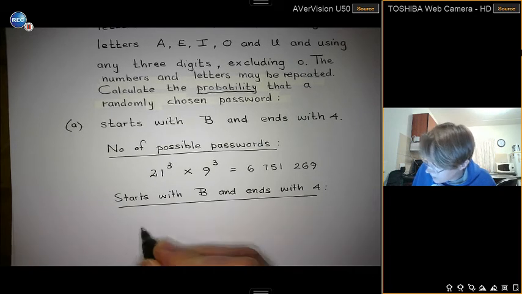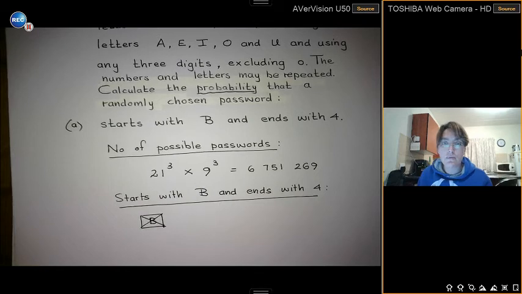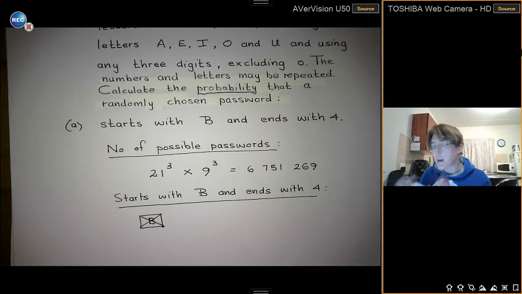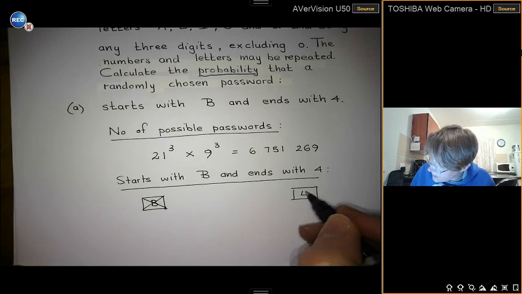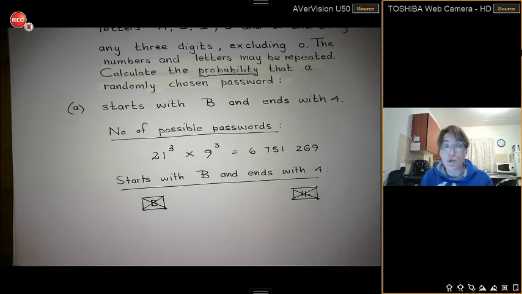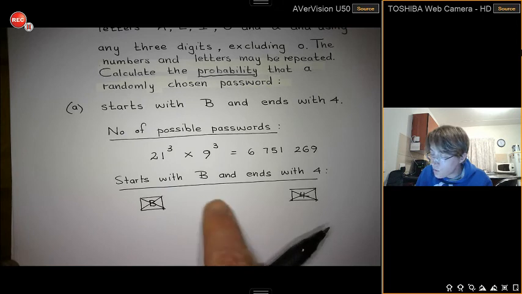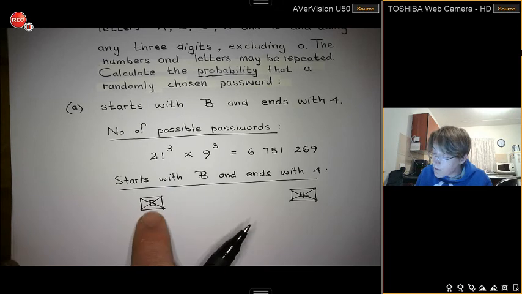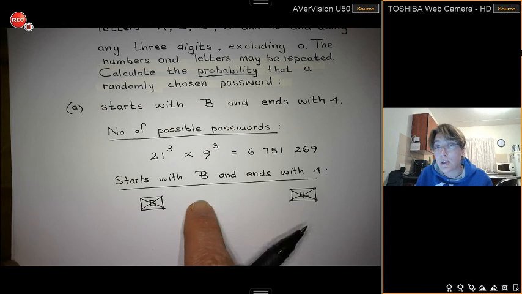So there's letter B, that's fixed. I can't do anything about that one, that one's been chosen. And it ends with 4. That's also, like I called it, a statue. That one's been chosen. So if you think about it, that means we still have to choose 2 more letters. Just because I picked B on the first one doesn't mean I can't pick B here, because repetition is allowed.